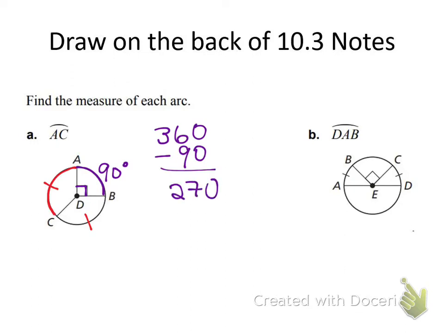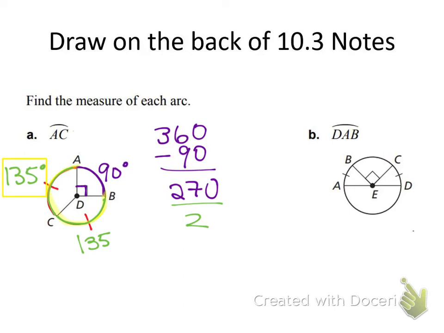So that means the rest of the circle combines to 270 degrees. It combines from these two congruent arcs, so we split it evenly between the two of them. We divide by 2, and that makes 135, and AC is 135.